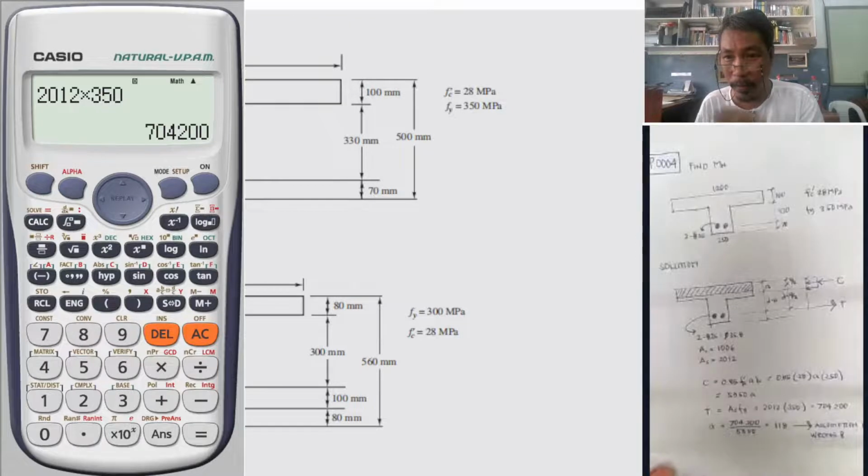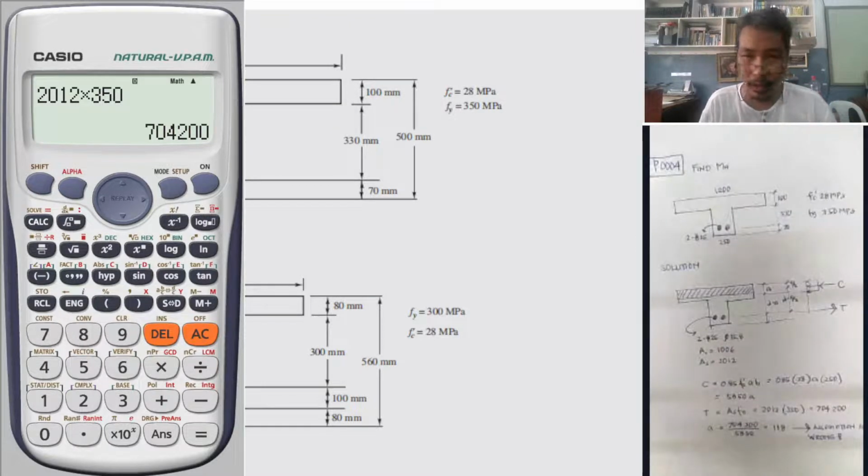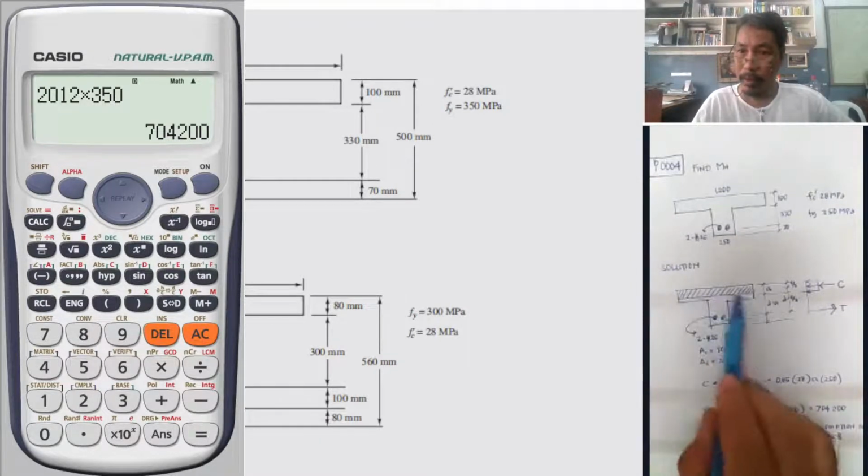It cannot be both wrong. One assumption must be correct, and the other must be wrong, because it can be either on the flange or on the web.